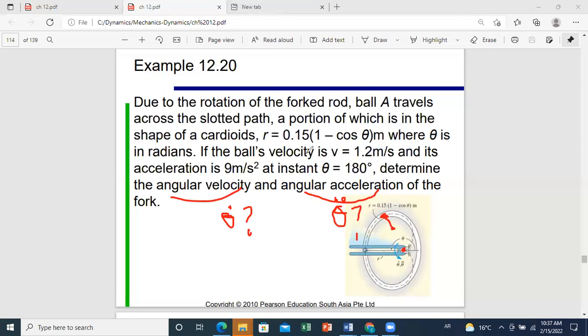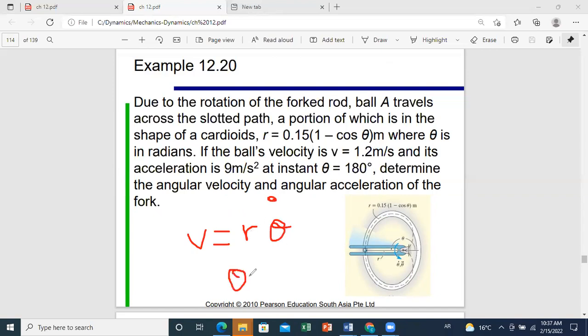No, you cannot say that V is r theta dot. Please pay attention, please guys. V equals r theta dot is only used in circular motion. So you cannot say here that the angular velocity theta dot is V over r.